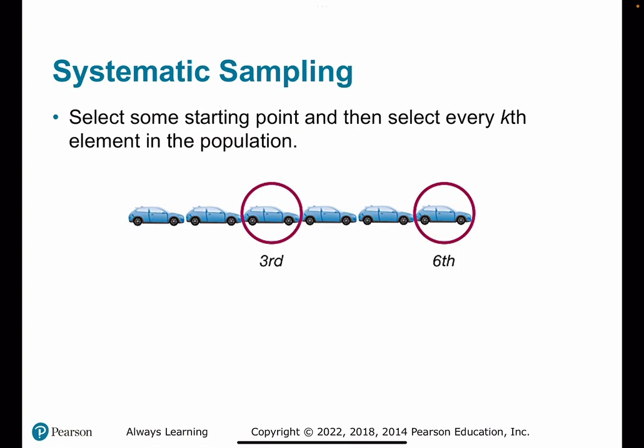And okay, so let's look at some other sampling methods. Systematic sampling would be what you see there, where there's some sort of way to order the elements of the population, and then you select, in this case, every third one. So the third one and the sixth one.